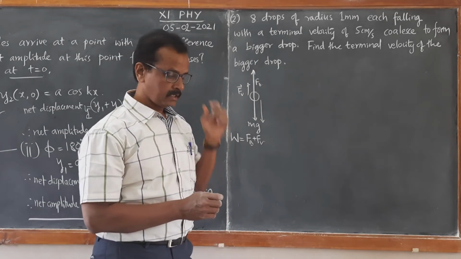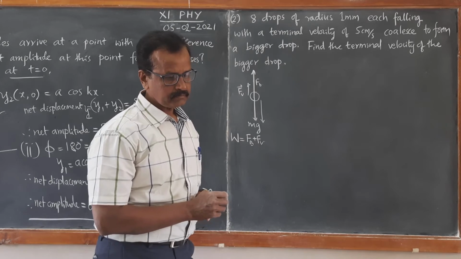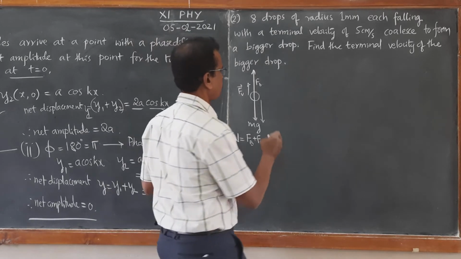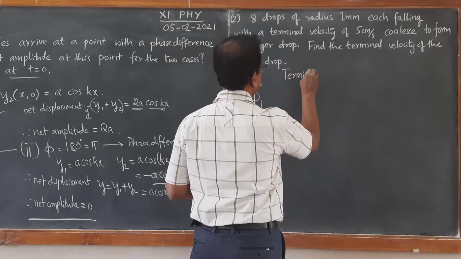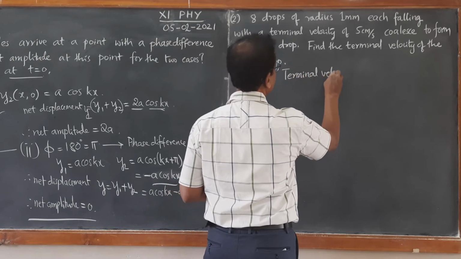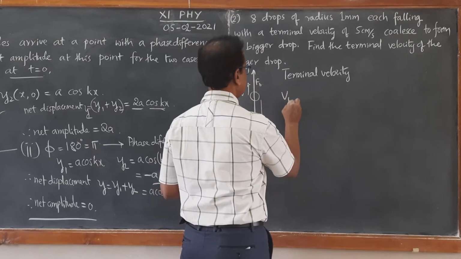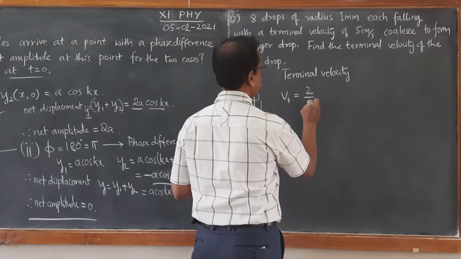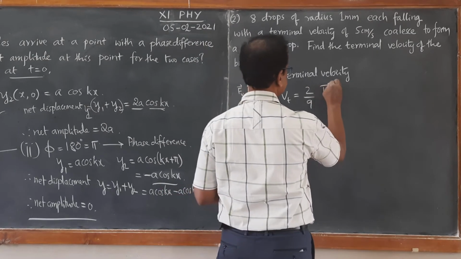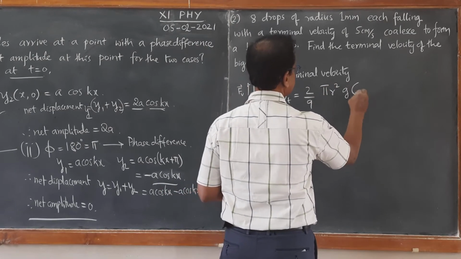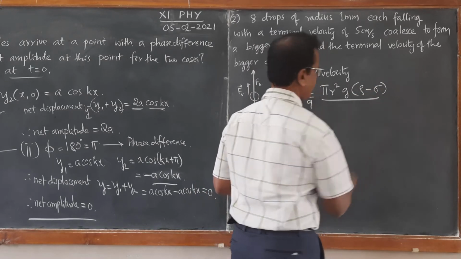Right? Now we will first write the equation for the terminal velocity. Terminal velocity or terminal speed Vt is equal to 2 by 9 times r square into g into (rho minus sigma) whole divided by eta.